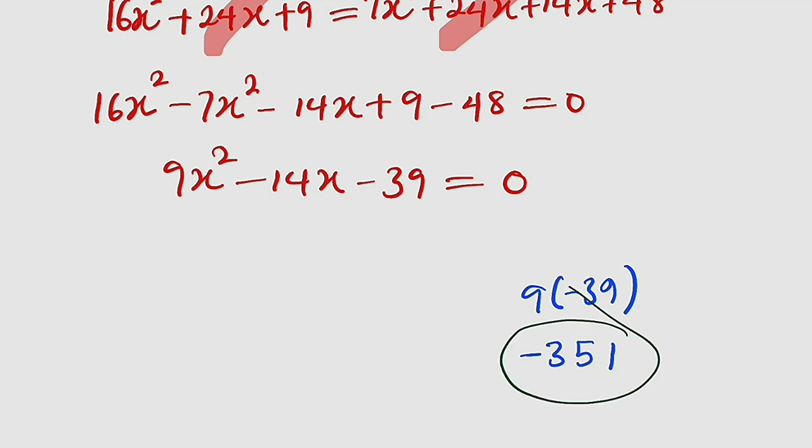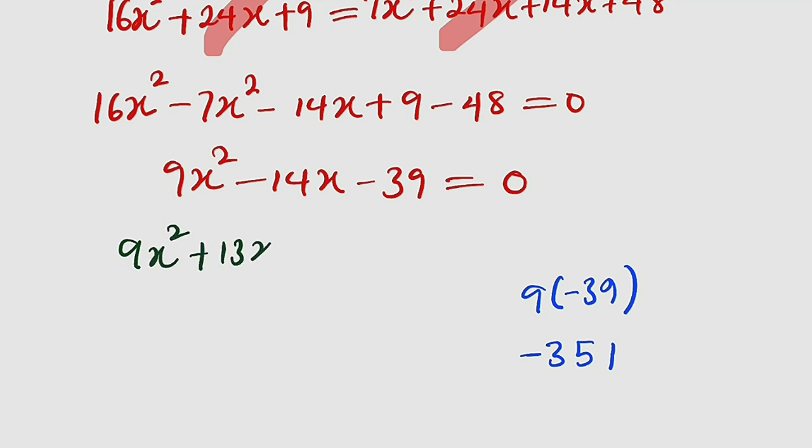But the moment we add them together, we shall obtain this coefficient of x. And the numbers are 13 and negative 27. So we're going to replace this with 13x minus 27x, right? So we have 9x squared plus 13x minus 27x, then minus 39. This is equal to 0, right?